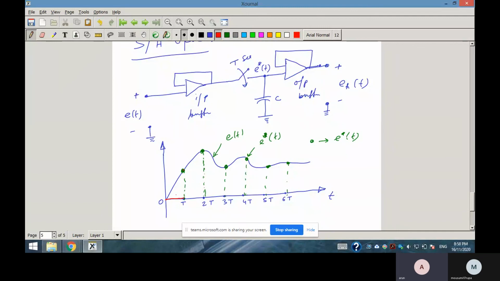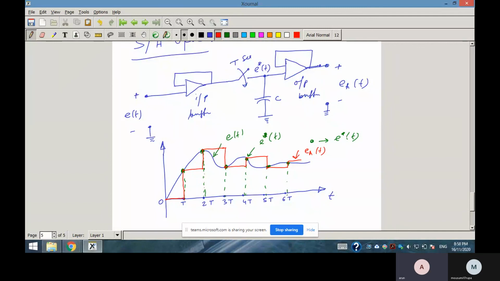Then here it will be like this, and then again like this, and again like this. So this is your e_h(t), the hold output. Okay, so this is your blue color.